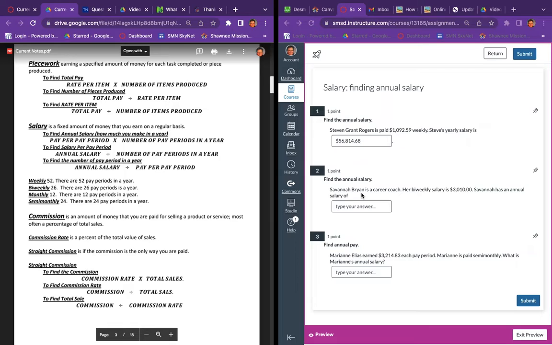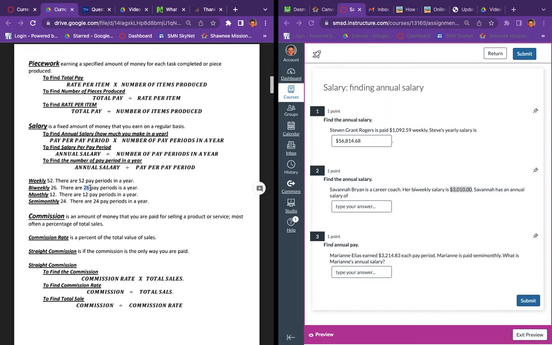Savannah Bryan is a career coach. Her bi-weekly salary is $3,010. So every other week when she is paid, her pay will show that she has earned $3,010. Bi-weekly is half as many weeks because you're paid every other week, so there are 26 pay periods.